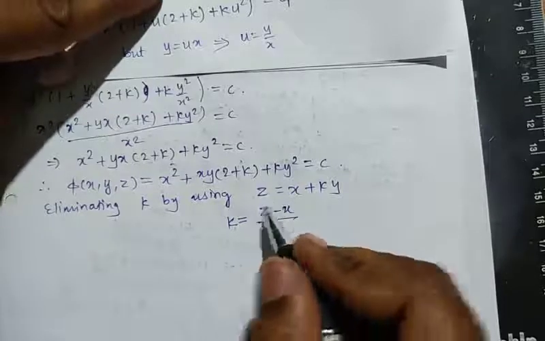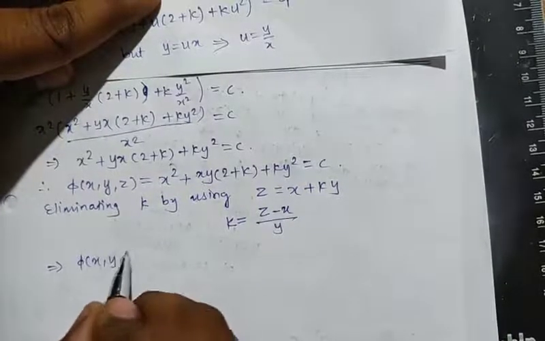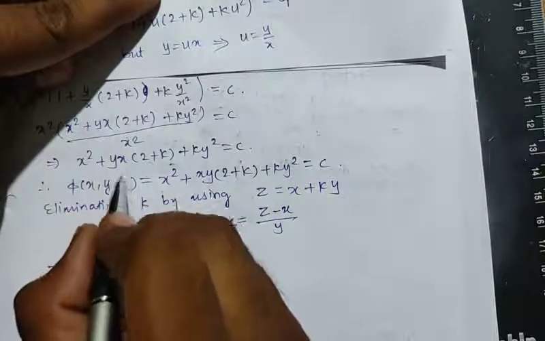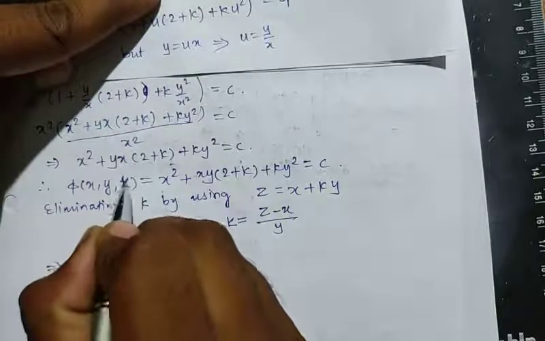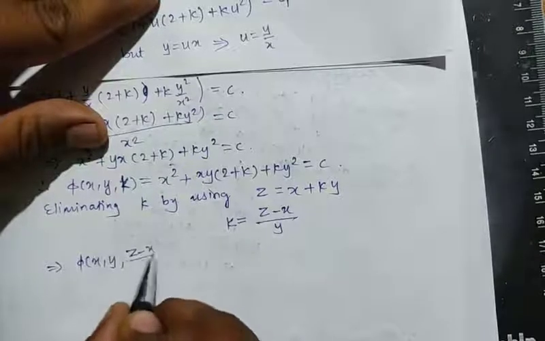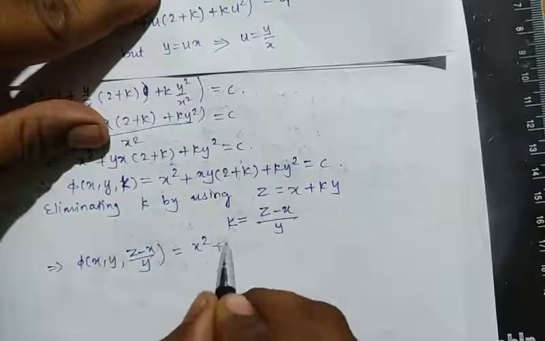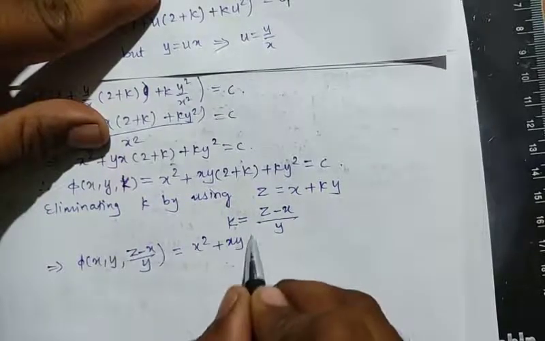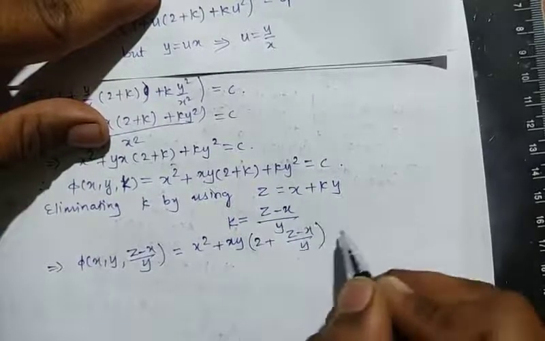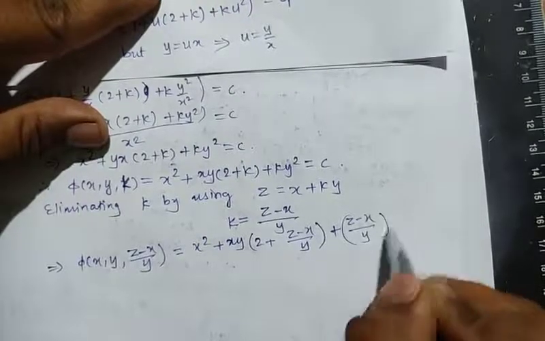We substitute this value of k, and we get phi of x y, z minus x upon y equal to x square plus x into y into (2 plus the value of k, which is (z minus x) upon y, times y square).